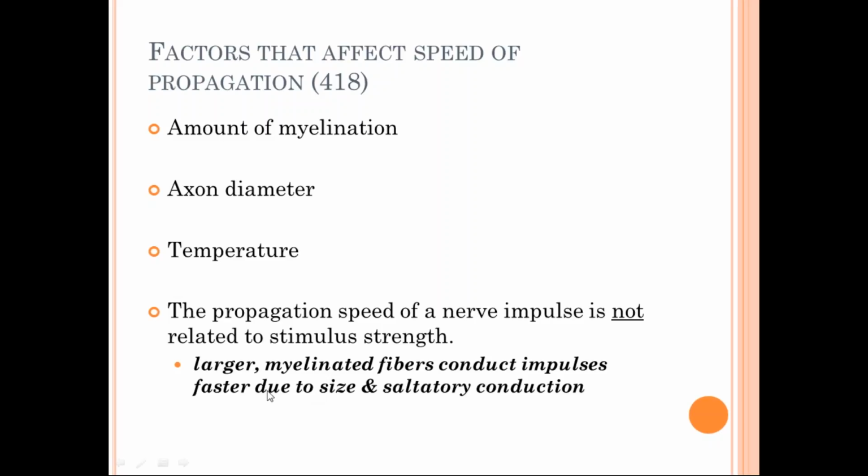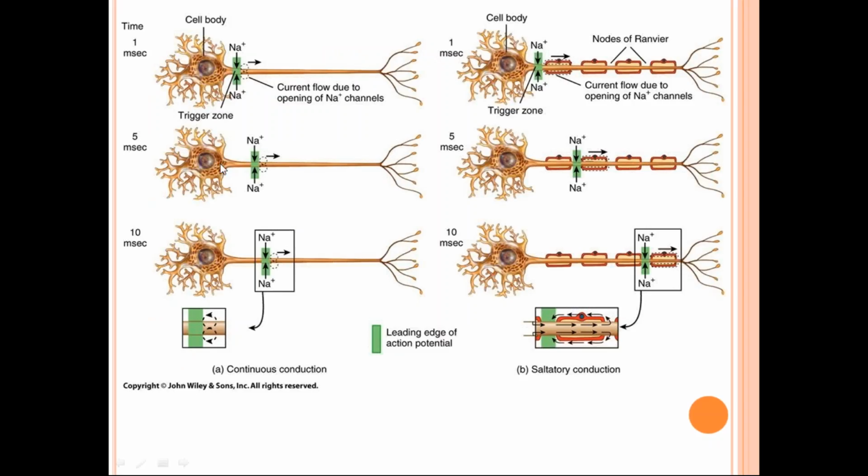So the larger fibers just conduct it faster due to the size of it and the myelination. But the impulse is just the impulse. That is the opening of sodium channels. And once that first voltage gated channel opens up in the trigger zone, they all open all along the axon.